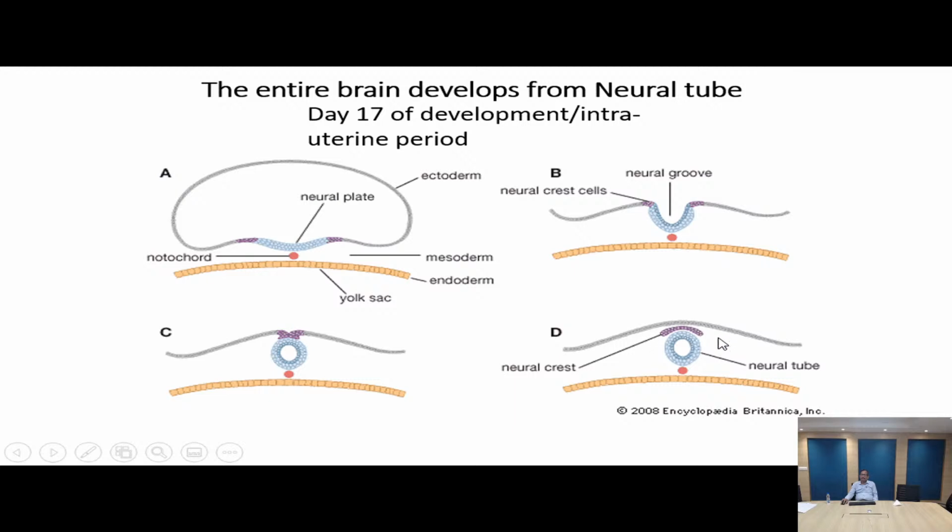This will form the dorsal root ganglia in the spinal nerve, and this will also give rise to certain parts of the heart and to the skeleton of the head and face, and it will also have a role in the development of a part of the thyroid gland. So you can see that the neural tube is going to form the brain and spinal cord.